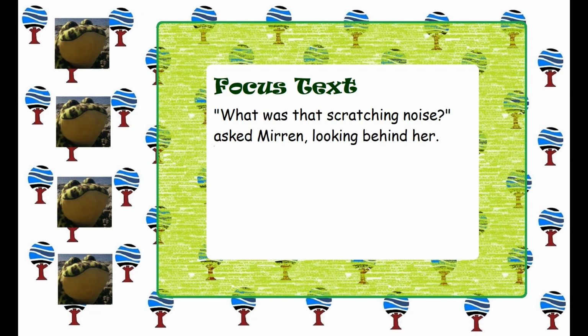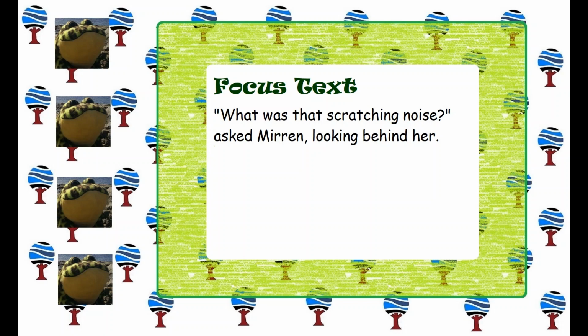In this paragraph we've got Mirren talking. It's a nice simple way of putting direct speech, because all the speech is contained in one chunk. We have a speech mark to start off, a capital letter to begin the speech, because the speech is a sentence on its own. We then have the sentence that is spoken with a punctuation at the end as well. Now, because this is a question, it's a question mark.